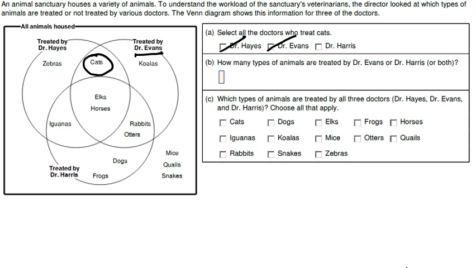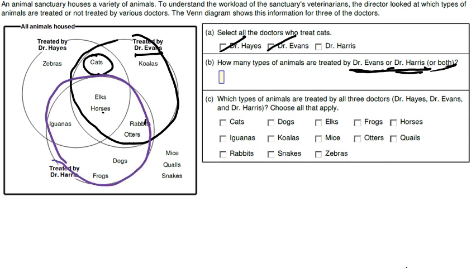Let's look at how many types of animals are treated by Dr. Evans or Dr. Harris or both. So Evans or Harris. So you're either in the Evans world. So there's the Evans world. Well, 1, 2, 3, 4, 5, 6. Or you're in the Harris world. And here's the Harris world.